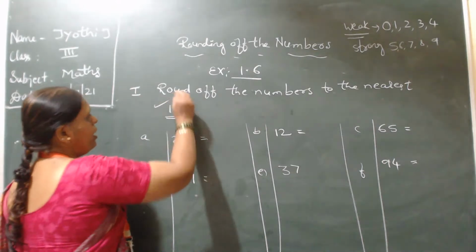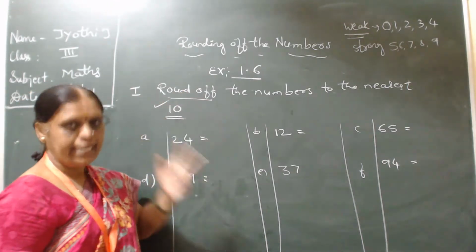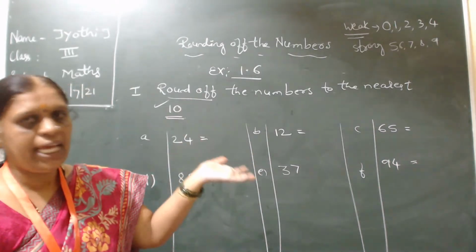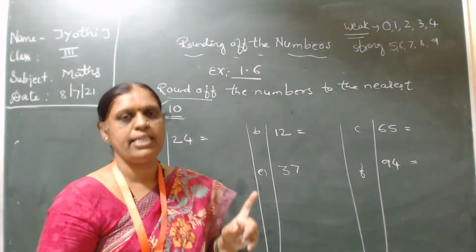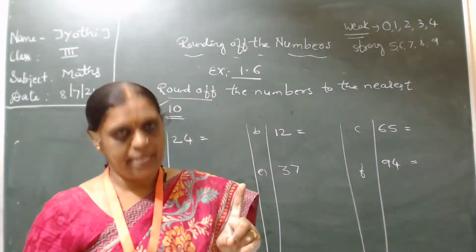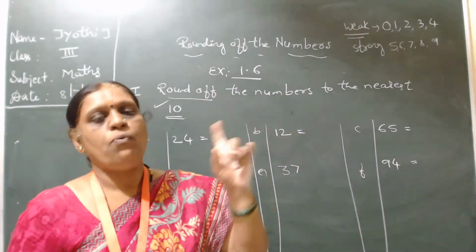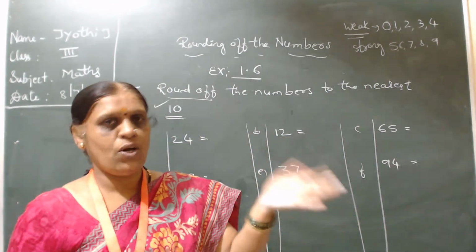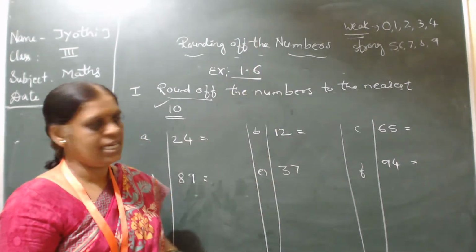What you should do? You have to round the numbers to the nearest tens. So recall what I told. Nearest to tens means we have to see the number in the ones place. Depending on the ones place, the tens place value will decrease or increase. So weak numbers and strong numbers are there.